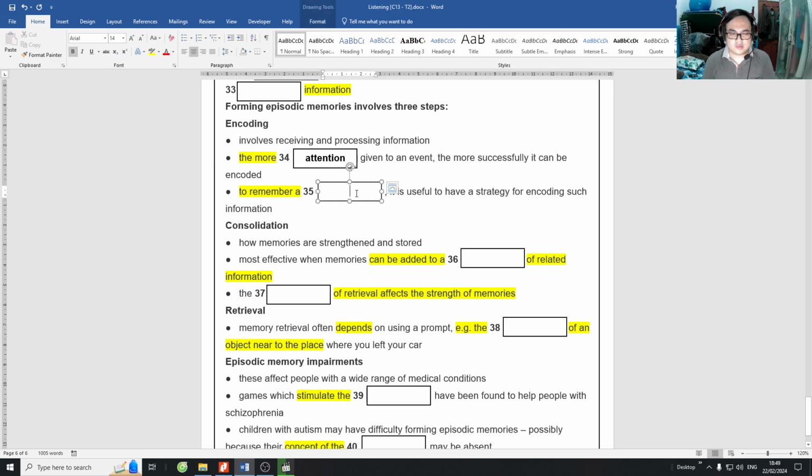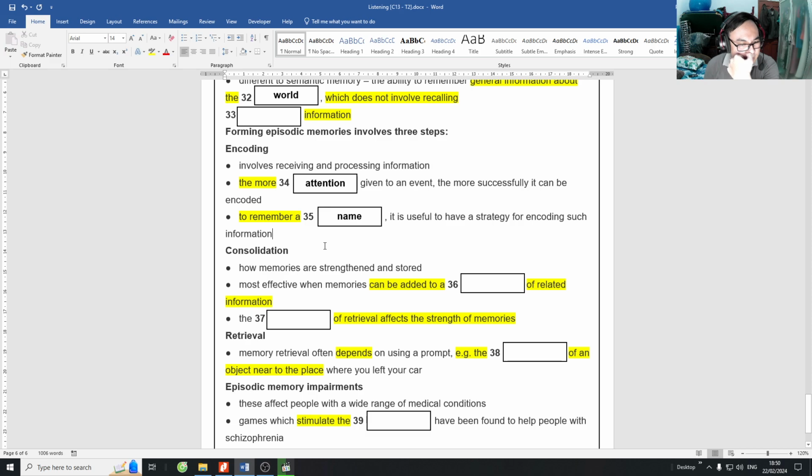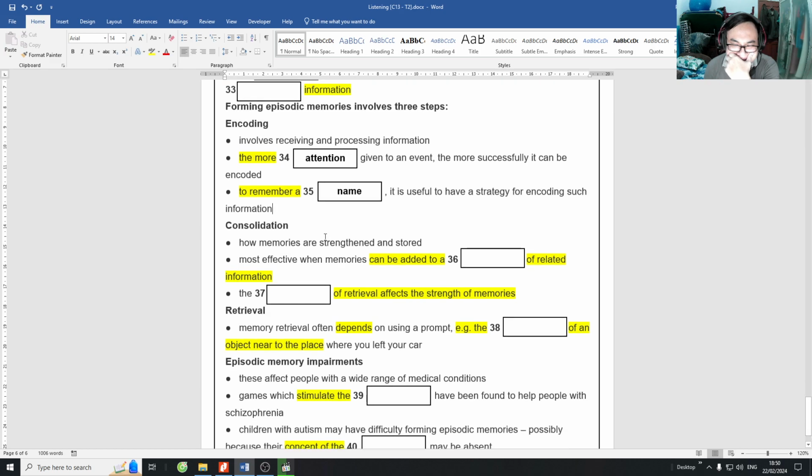Memory consolidation, the next step in forming an episodic memory, is the process by which memories of encoded information are strengthened, stabilized, and stored to facilitate later retrieval. Consolidation is most effective when the information being stored can be linked to an existing network of information.